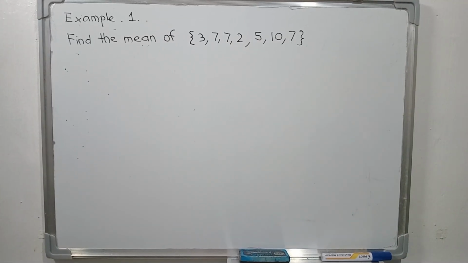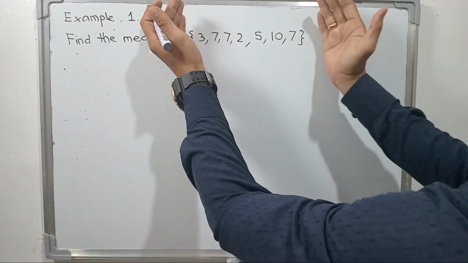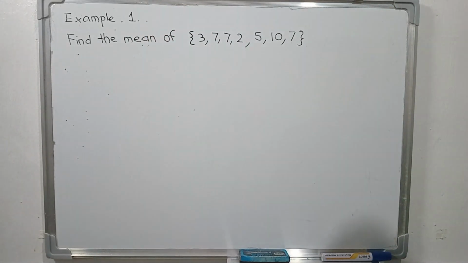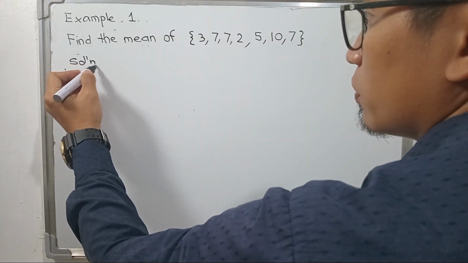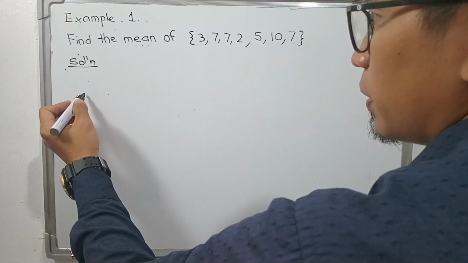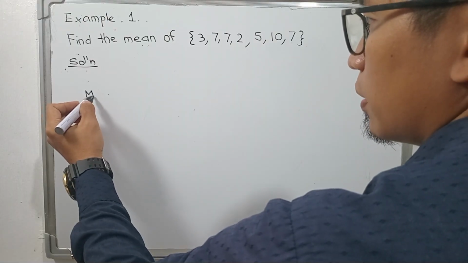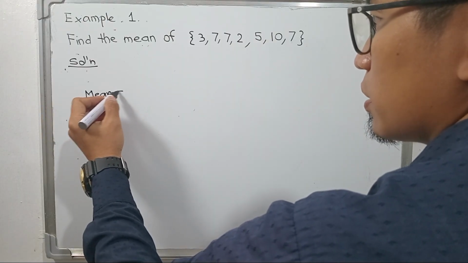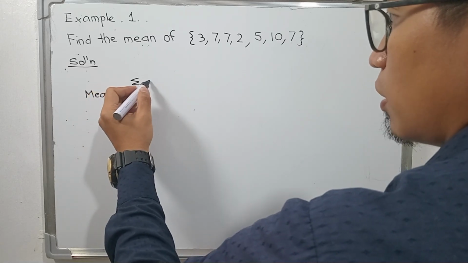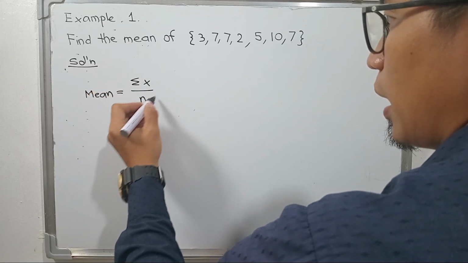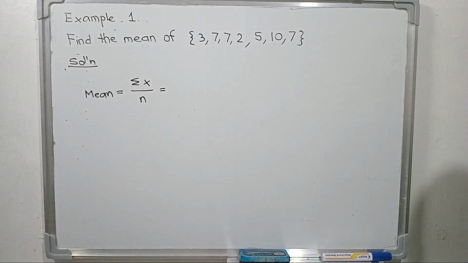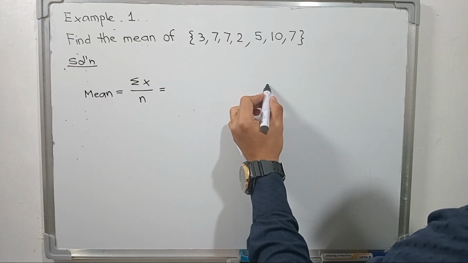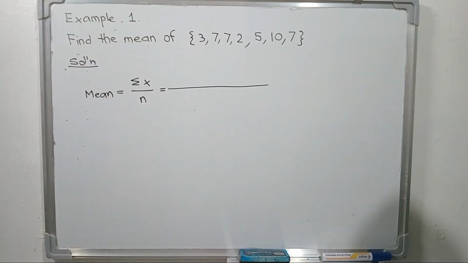Let's have our first example. Find the mean of this dataset. The first thing that we would want to do for our solution is we simply write our formula. The mean is equal to the summation of x over n. Again, the numerator simply tells us that we need to add all the values in our dataset.